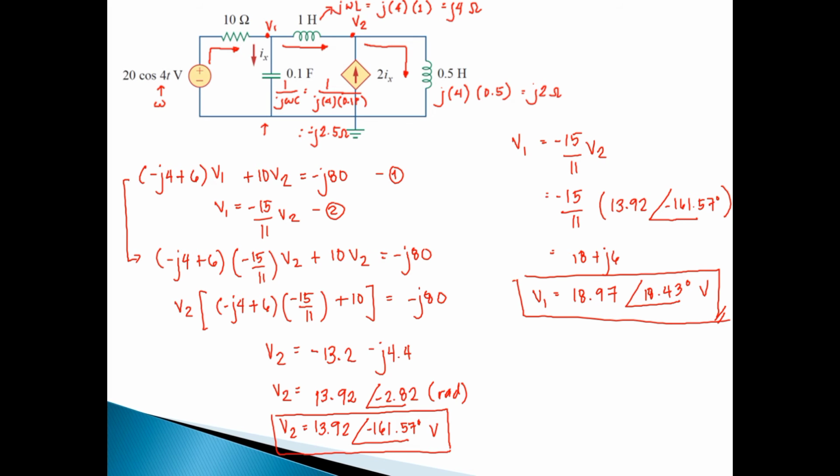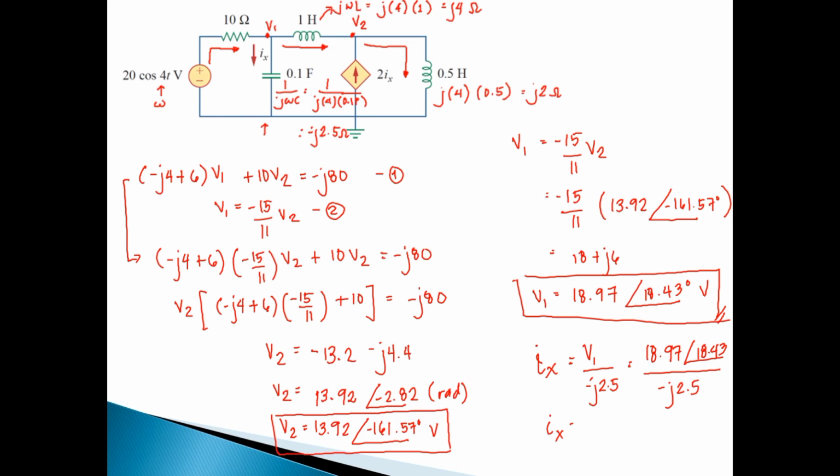And then for the value of Ix, so Ix is equal to V1 over negative j2.5. So this will be 18.97 angle of 18.43 divided by negative j2.5.